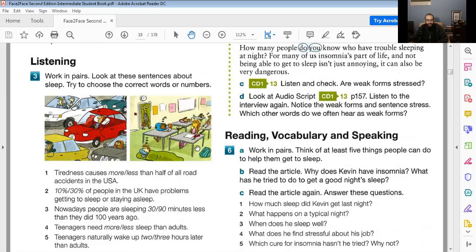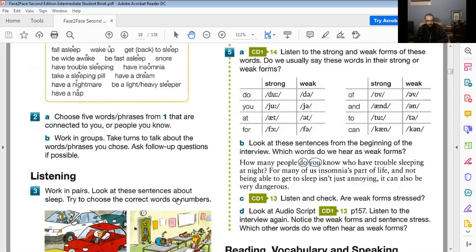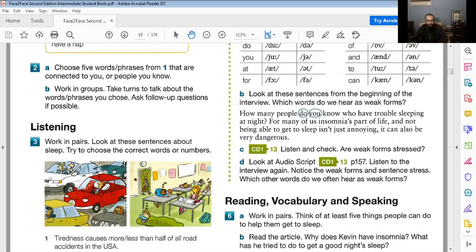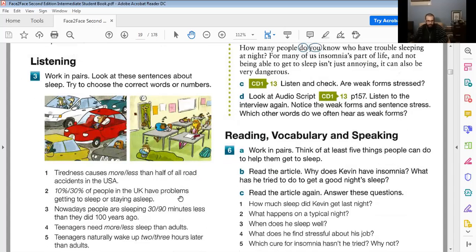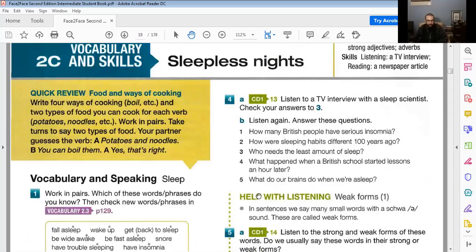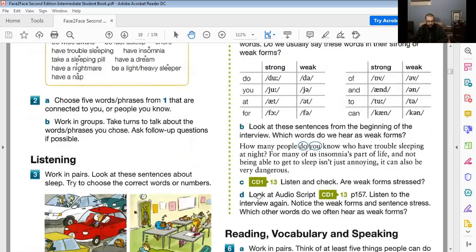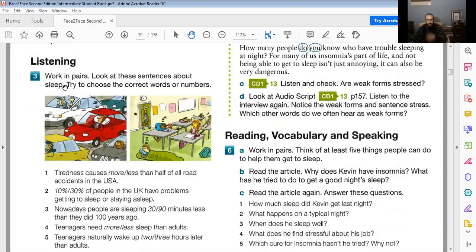Okay, so this is actually very interesting, the next part, because they're going to tell us about a few statistics regarding sleep, and some of the details are a bit surprising. But here, I think, first of all, they want us to guess, work in pairs, look at these sentences about sleep, and try to choose the correct words or numbers.